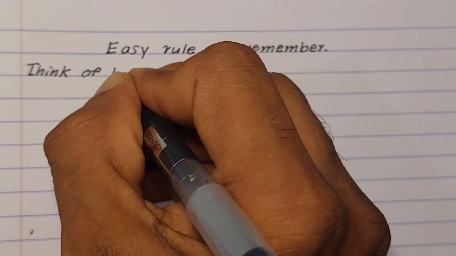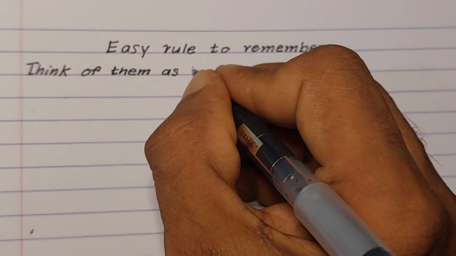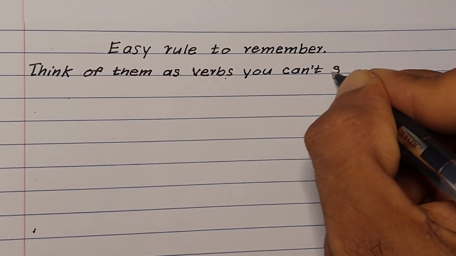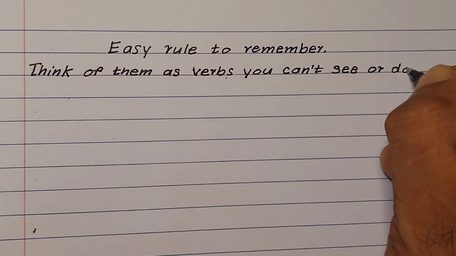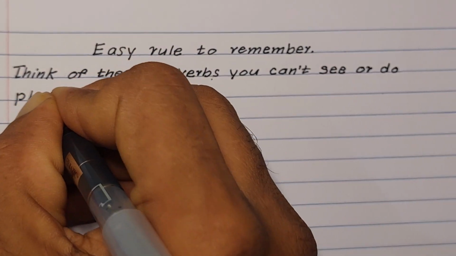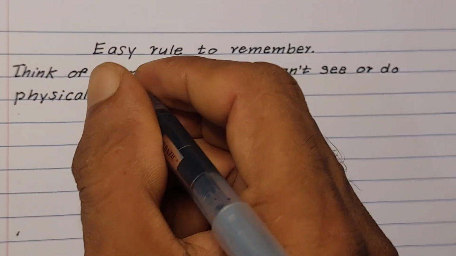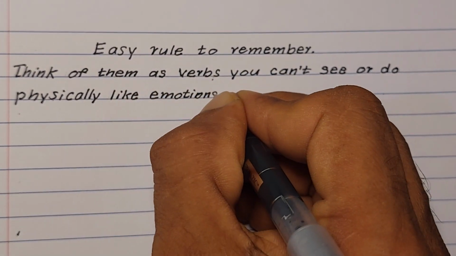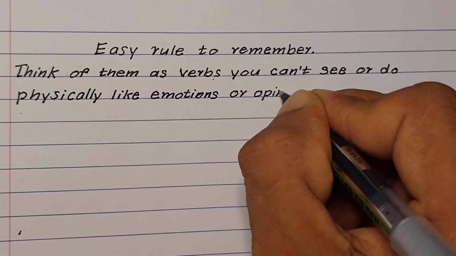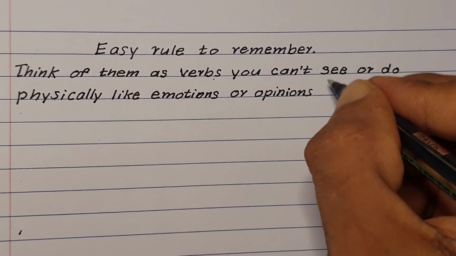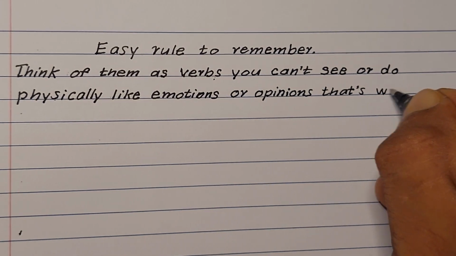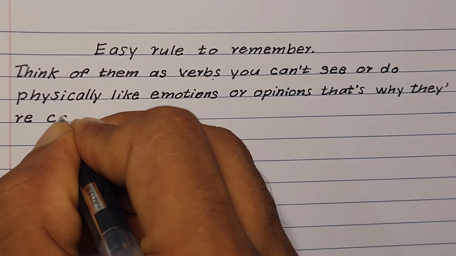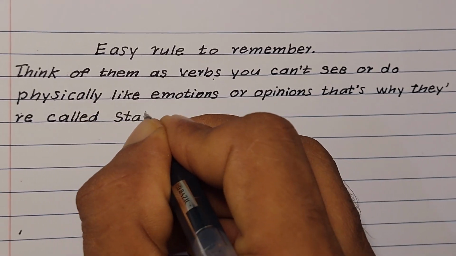Think of them as verbs you can't see or do physically, like emotions or opinions. That's why they are called stative.